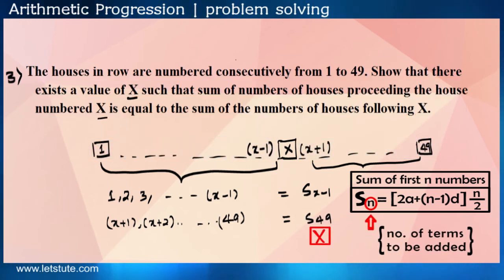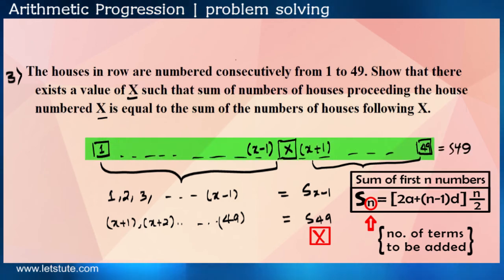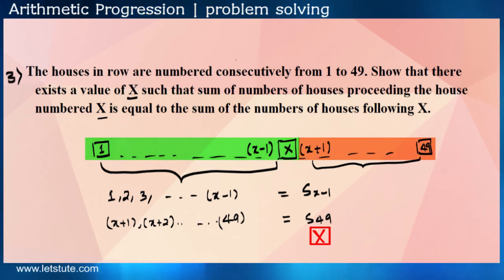Because S49 means we are adding the numbers from 1 to 49, the summation of the first 49 numbers. In fact, here exists x. We are only adding numbers after this, that means from x plus 1 to 49.